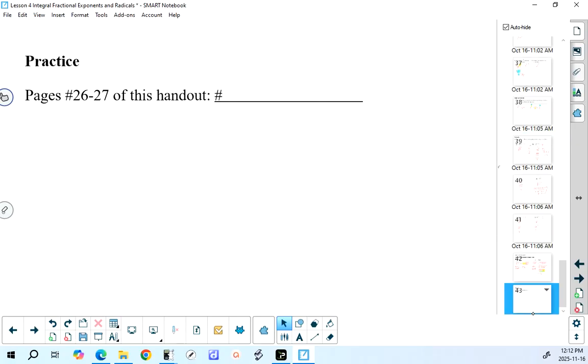On pages 26 to 27 of the handout, there are a variety of questions. You know the drill. You want to do as many as you can, as long as you're satisfied, and I'm satisfied, that you understand what's going on. When you take a look at page 26, there's boatloads of questions. You don't have to do every one, but as I say, you have to know how to do every one. So I hope that made sense.